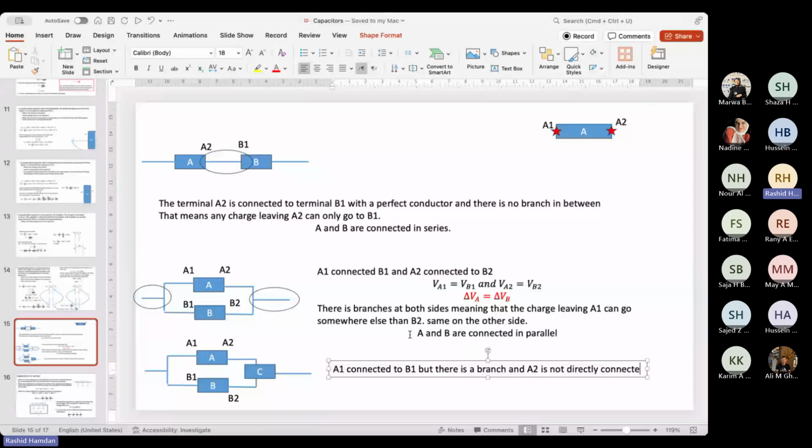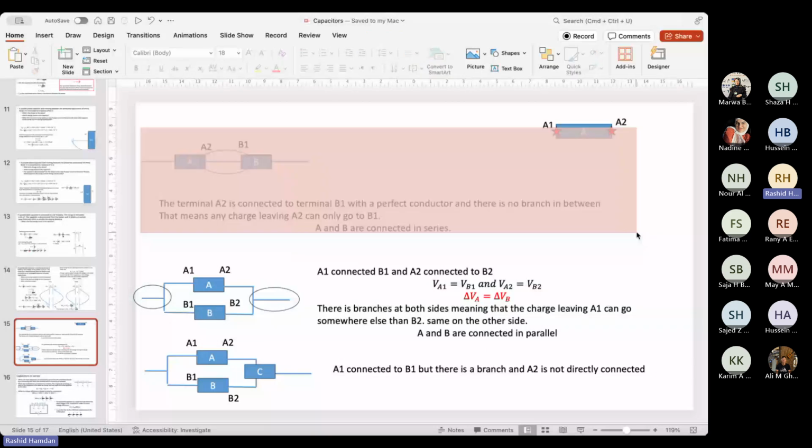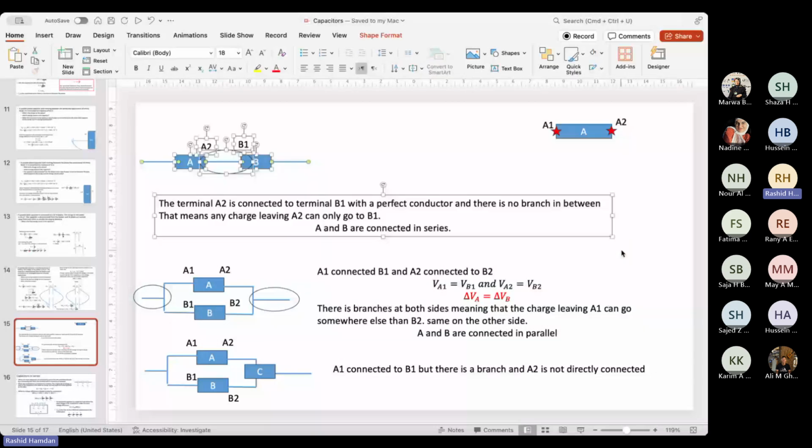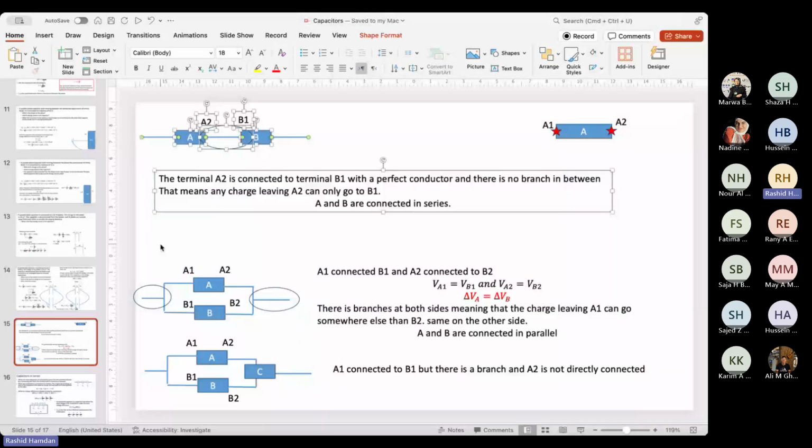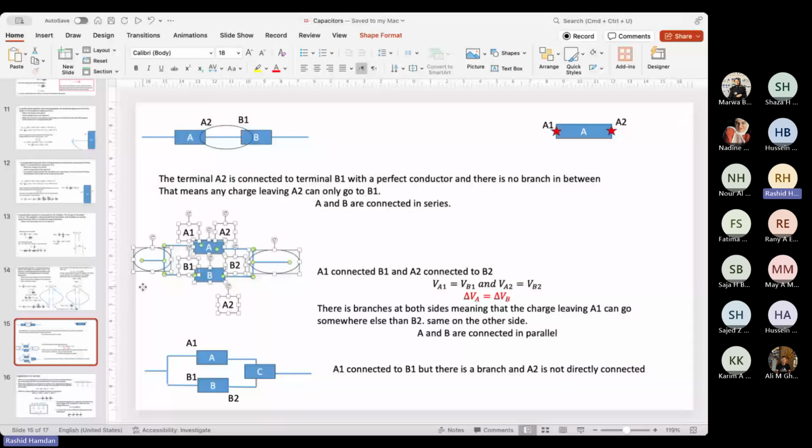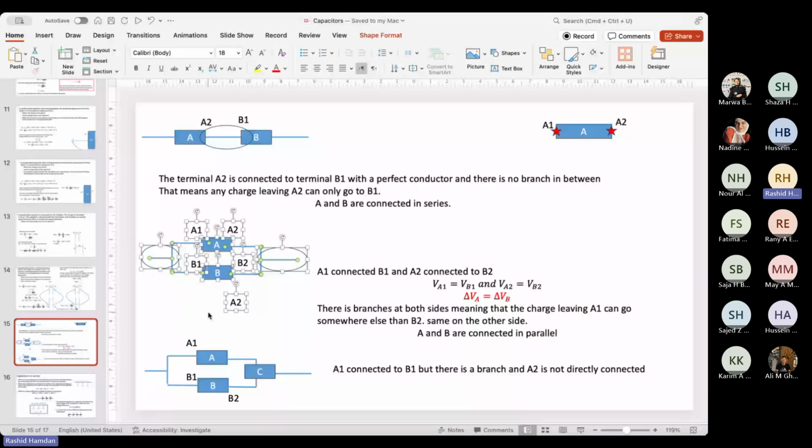So again, when I say connected or directly connected, I mean with a perfect conductor, because otherwise I always have connection. I have to have a closed circuit, so charge has to be closed everywhere. But in order to have this parallel connection, I need to insist that my voltages are equal. It means that I have to have a perfect conductor connection.